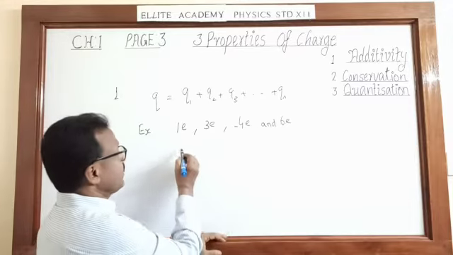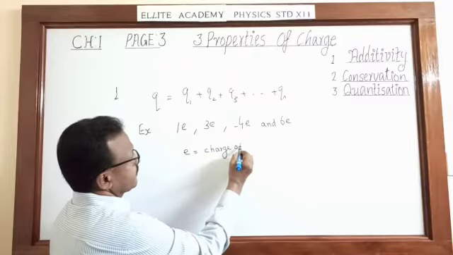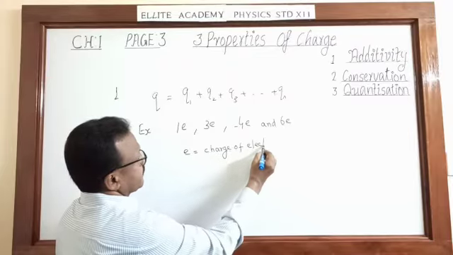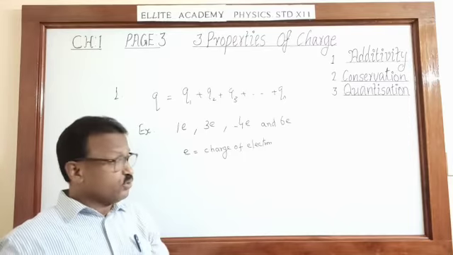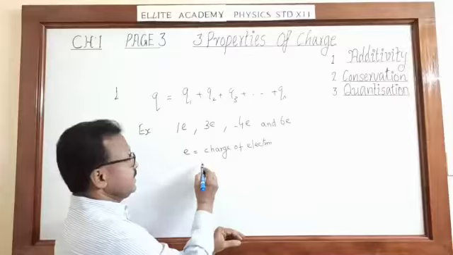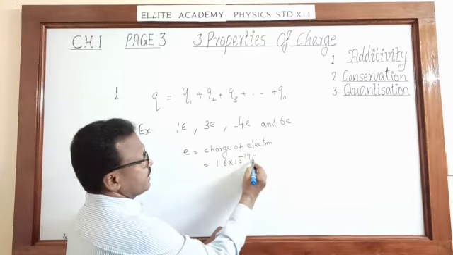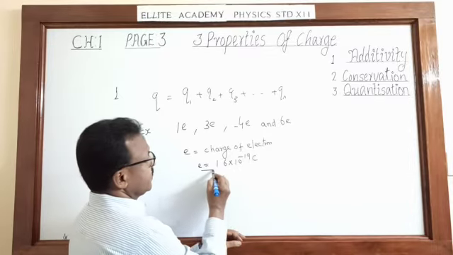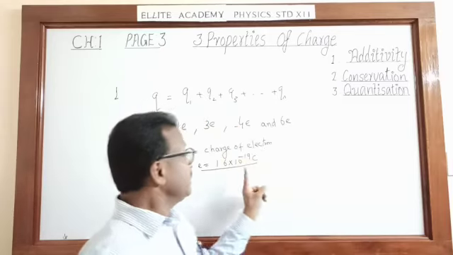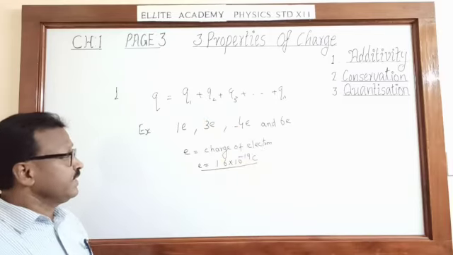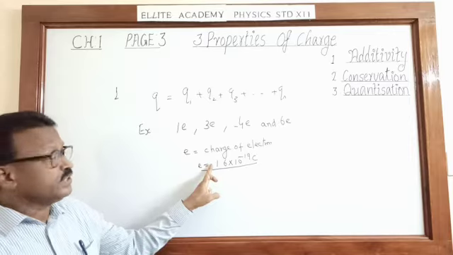The charge of electron is negative, the charge of proton is positive, but the value will be the same. Its value is 1.6 into 10 raised to minus 19 coulomb. So e is 1.6 into 10 raised to minus 19 coulomb, the charge of an electron. If it is electron, negative charge, minus. If it is proton, positive charge, plus.